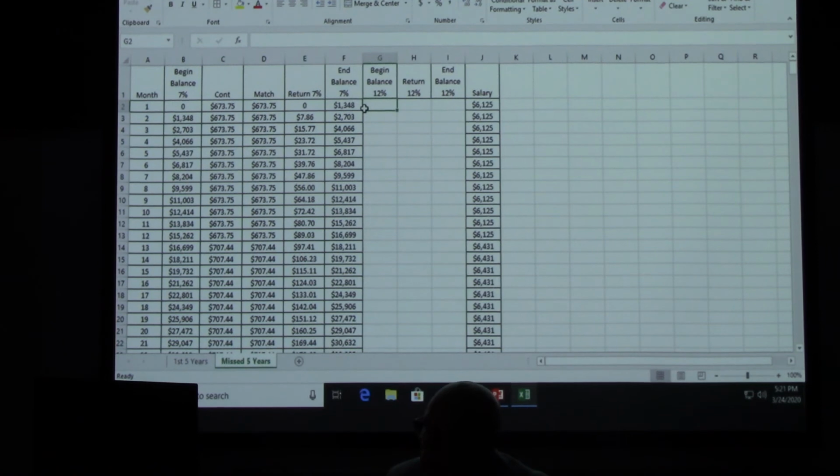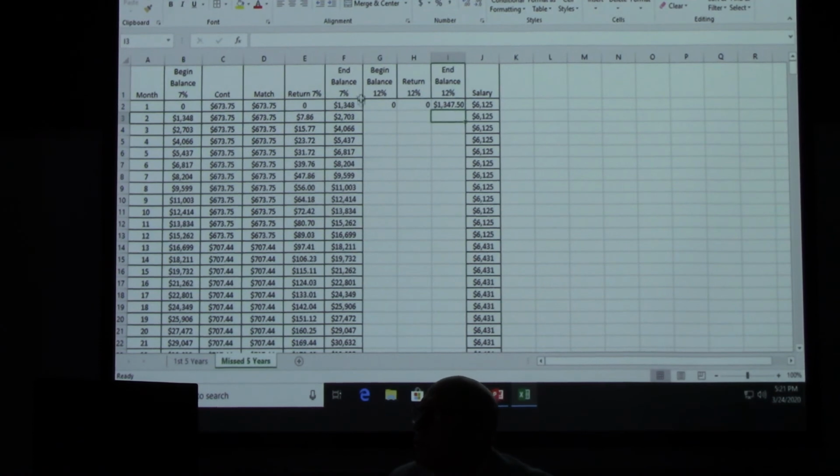So the beginning balance is 0, and the return is 0, and the ending balance is equal to this plus this. Now the ending balance is equal to this plus this plus this plus this.